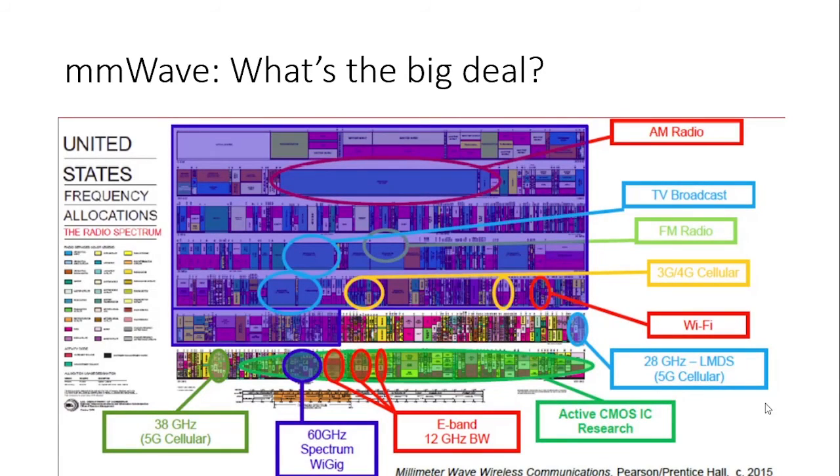This is due to the wavelength of the electromagnetic wave being in the millimeter range at this frequency, and the millimeter wave frequency range is in the high spectrum bandwidth. And the image above progresses from the lowest frequency spectrum in the top left to the highest frequency spectrum in the bottom right. The 5G is allocated in the 38 gigahertz band in the United States.